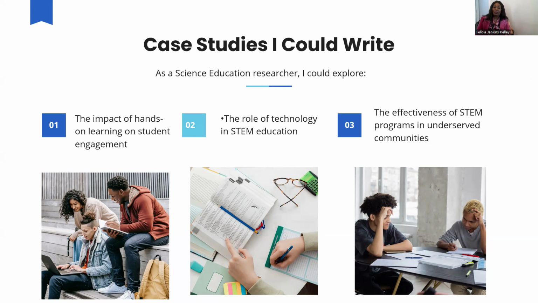I myself am a product of the Alabama Black Belt region, and that underserved population is near and dear to my heart. And then one other one could be a comparison of traditional versus inquiry-based learning in middle school sciences. So these studies could provide valuable insight for educators as well as policymakers who play a big role in our research.